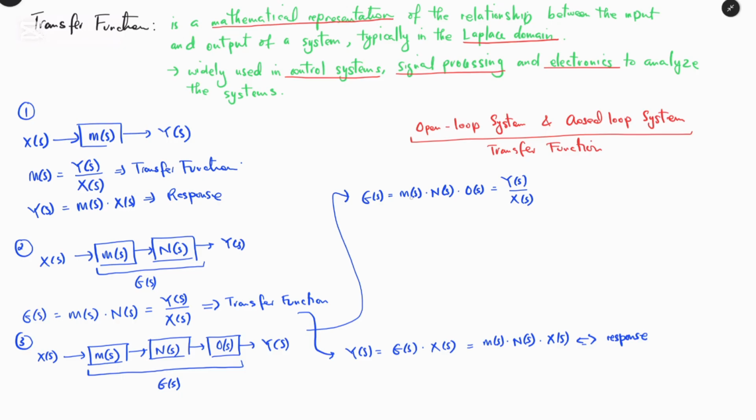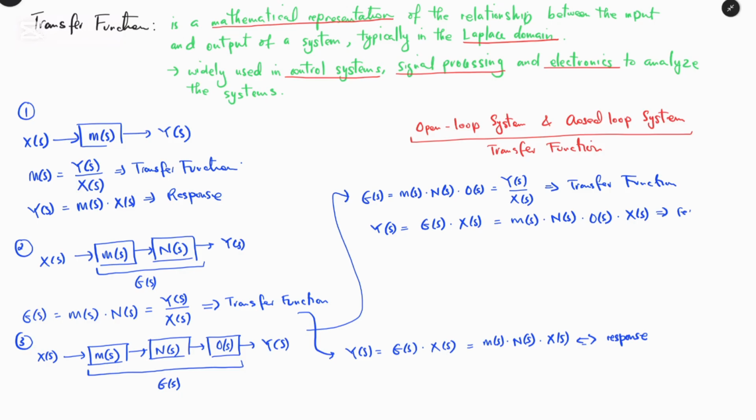So similarly, in this case, this is the transfer function and the response is Y(s) equals G(s) times X(s), or it can be broken down into M(s) times N(s) times O(s) times X(s).